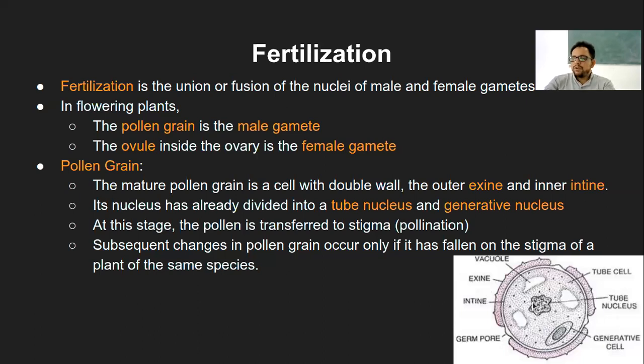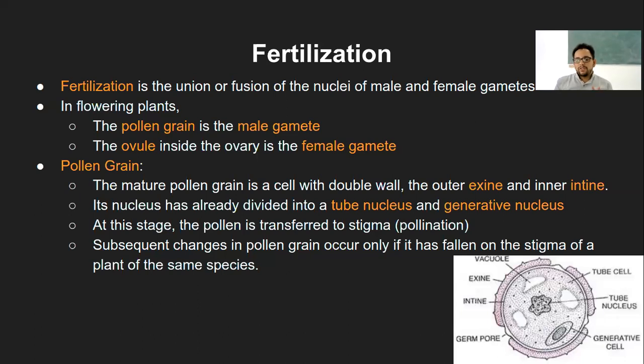In brief, what you need to remember here is that there are two walls or layers outside the pollen grain, which is a single cell. The outer one is called exine, the inner one is called intine, and its nucleus is divided into two, called the tube nucleus and the generative nucleus.